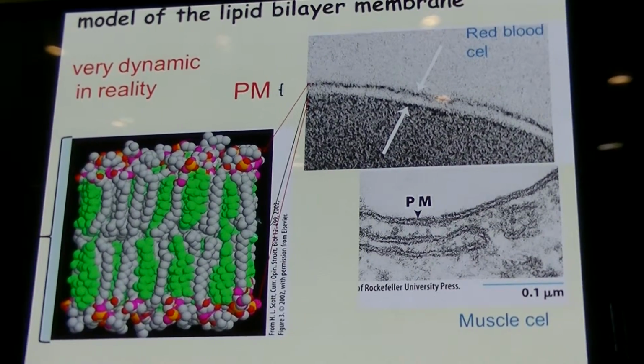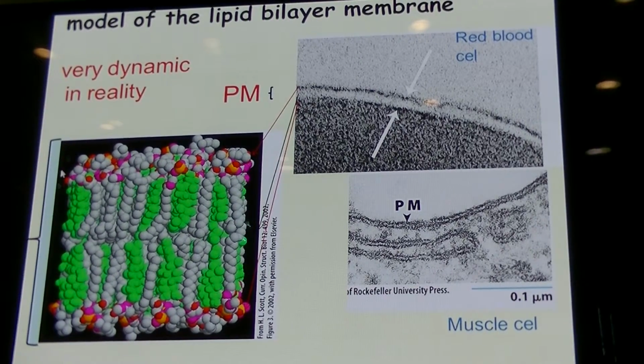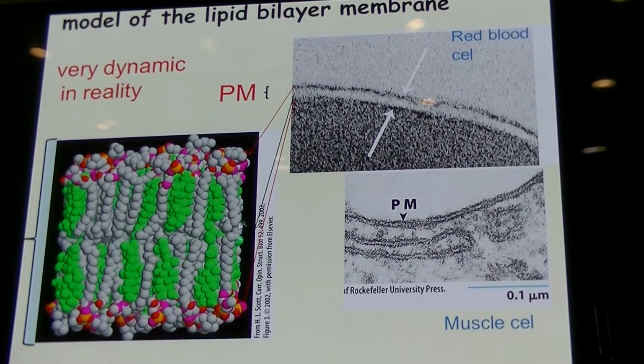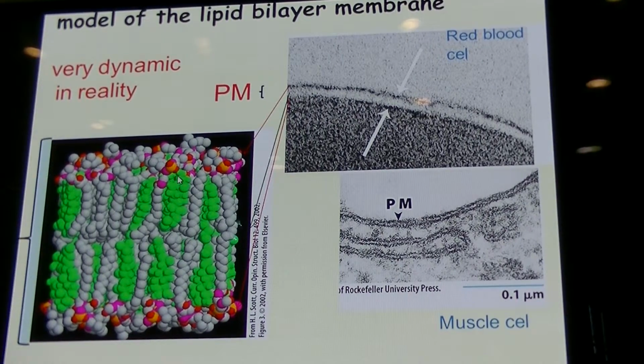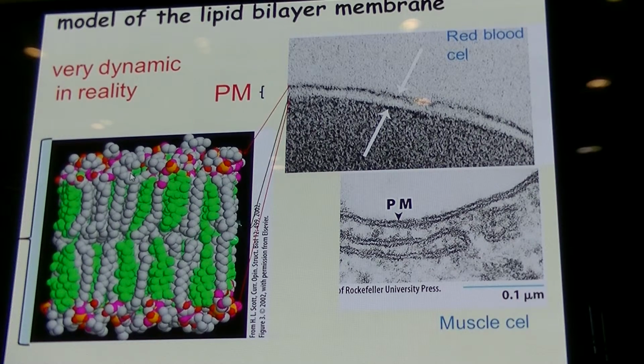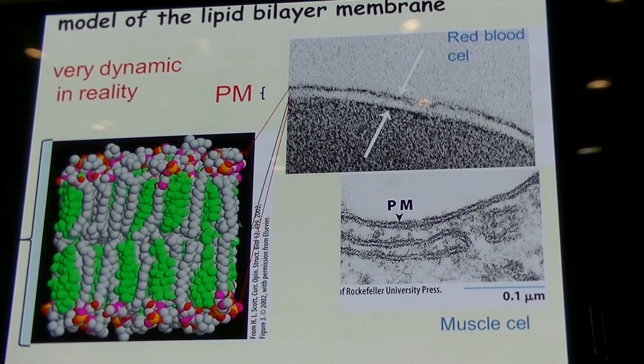Now, how do these things then form membranes? We get to this type of model where we have the polar head groups, the fatty acids, and here in green the cholesterol is in between. Now this is a static picture, and we should never forget that in reality the biological membrane is very, very dynamic.